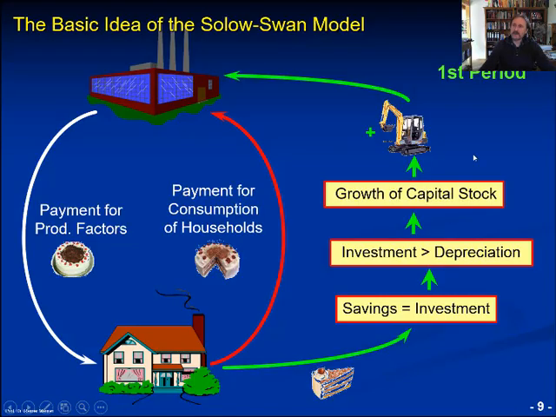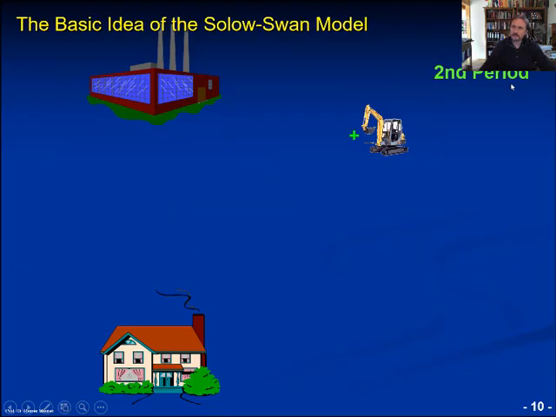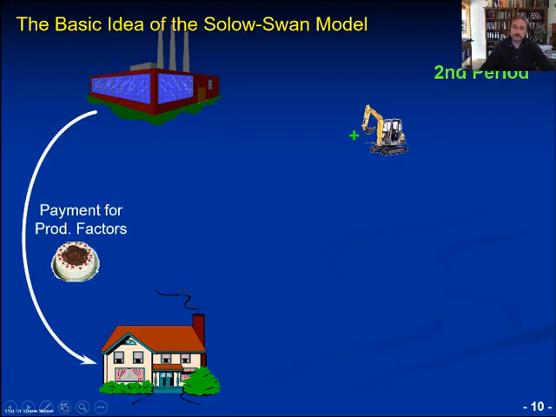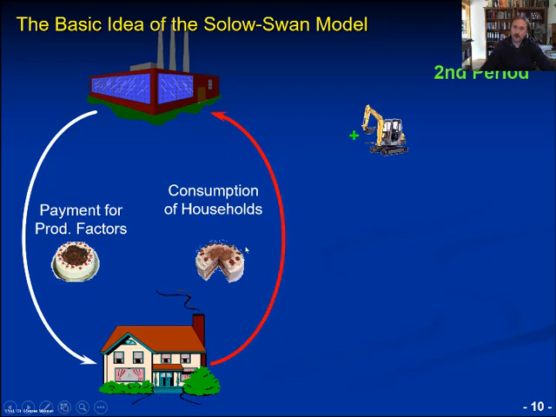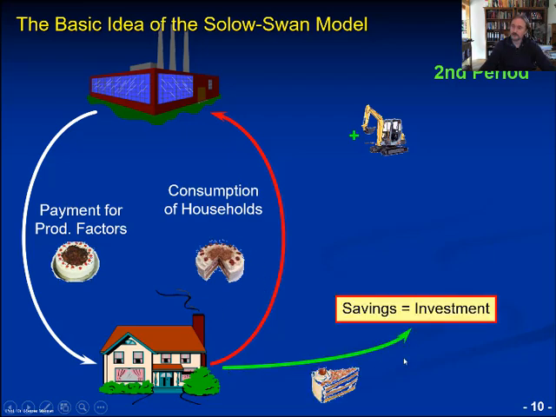Now, if we go from the first production period to the second production period, we have a larger capital stock due to this additional treasure. So firms can produce a somewhat larger cake. This is what we call economic growth. And then households again make their consumption-savings decision, deciding how much of this cake is consumed and how much is used for saving purposes.